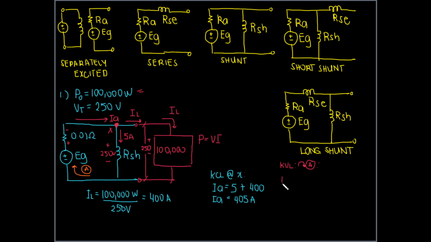Voltage there is EG. Next, going clockwise, we will exit at the negative terminal here. Voltage there is current times resistance, right? Current is 405, resistance is 0.01.